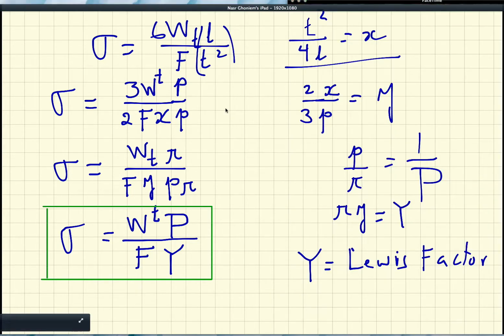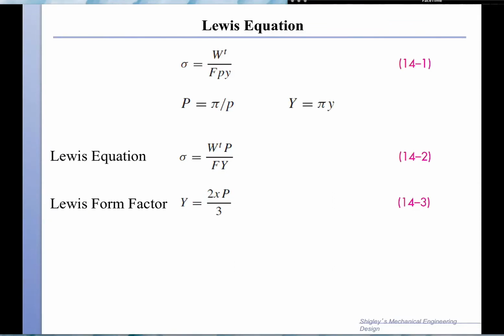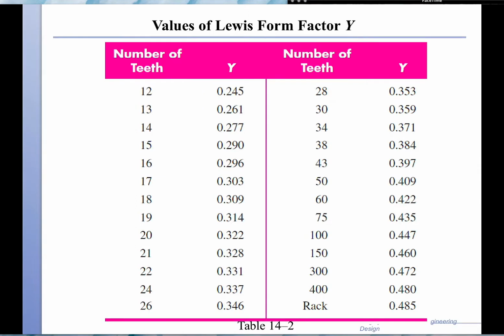So here's the derivation, and here's the final equation: sigma is given as W tangential times P over F times Y. And the Lewis factor is a pure geometry factor, as you can see here. So it is xp over 2/3 of xp over 3. If you measure x and p from the geometry, then you can determine that for each gear, and that has been determined.